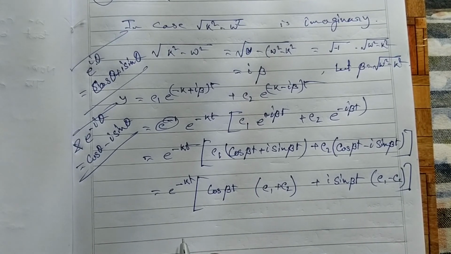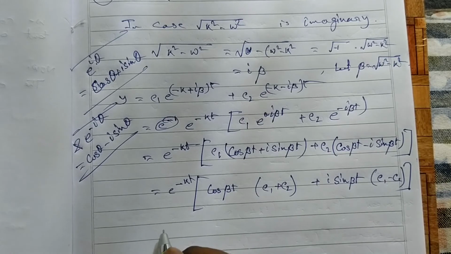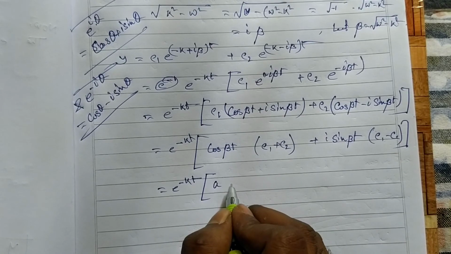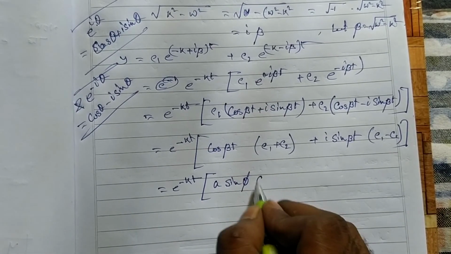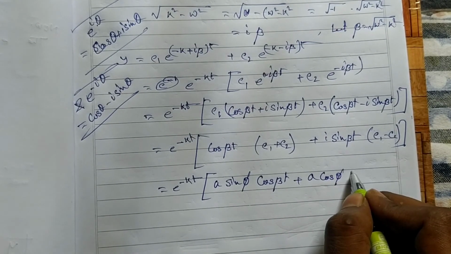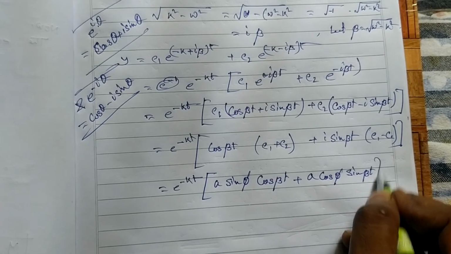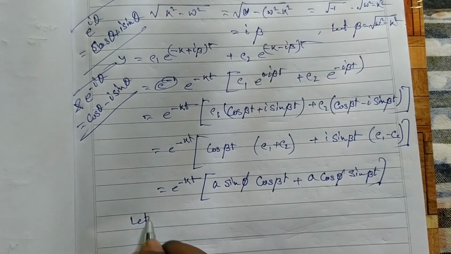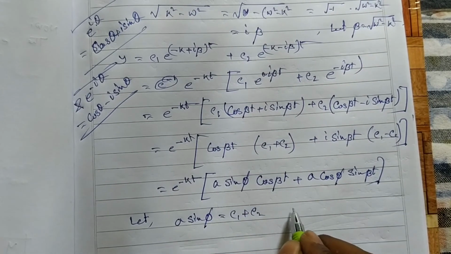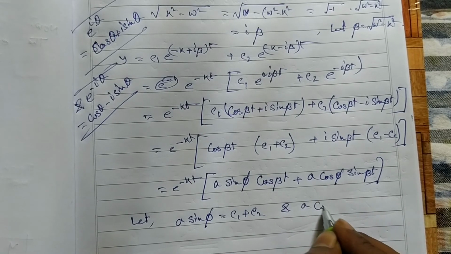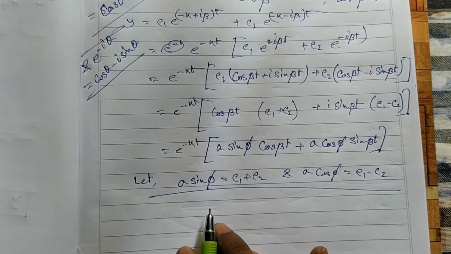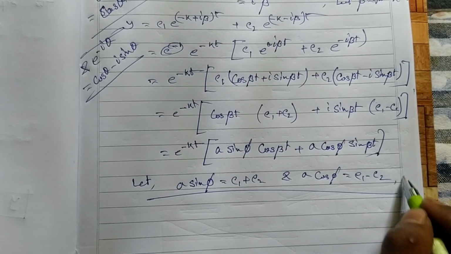Now e to the power minus kt times a sin phi cos beta t plus a cos phi sin beta t. How is it coming? Let a sin phi be equal to c1 plus c2 and a cos phi be equal to c1 minus c2. We get these constants in terms of phi, because phi is also a constant.